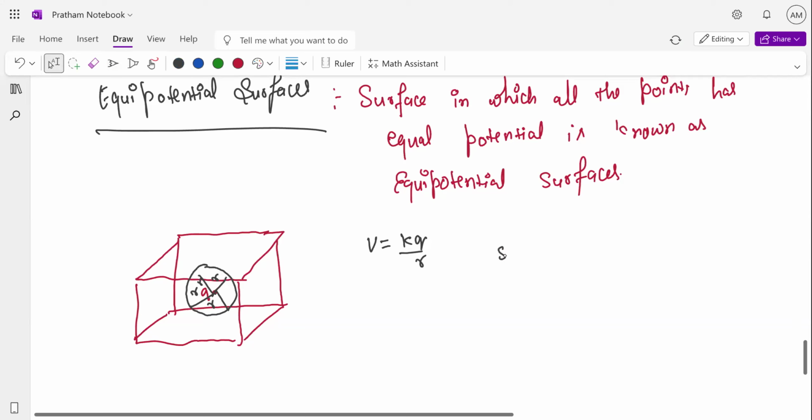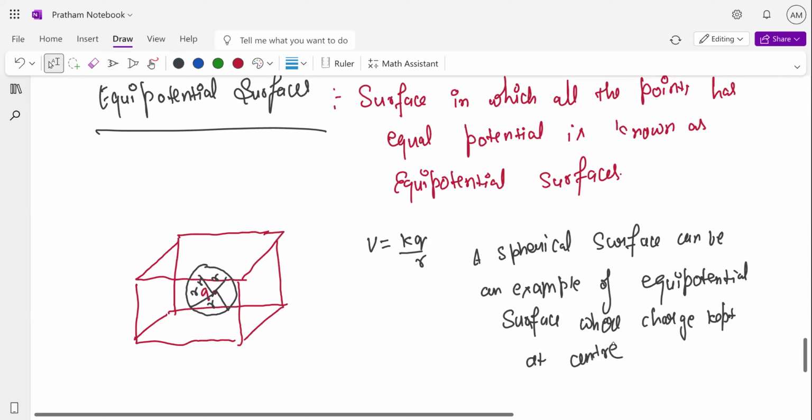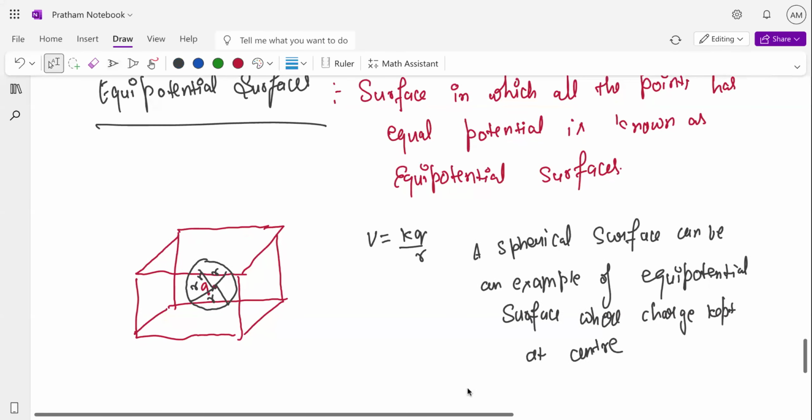A spherical surface, with the charge kept at the center, can be an example of an equipotential surface. Is that clear?